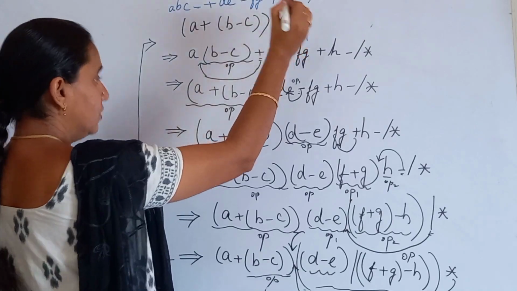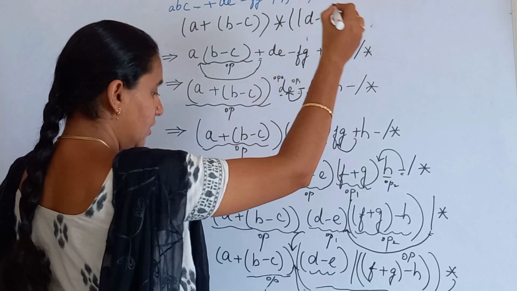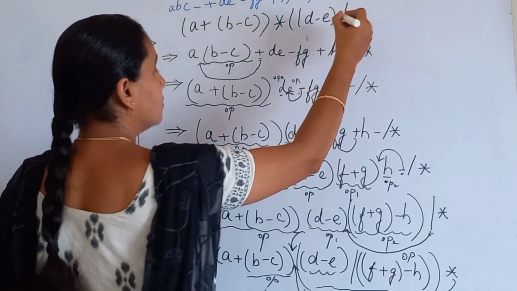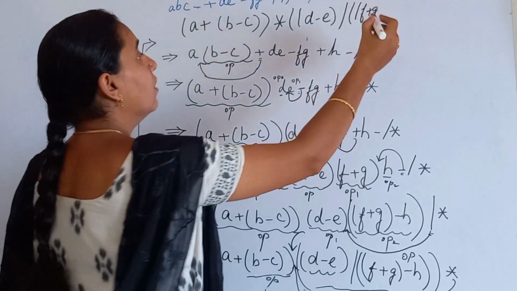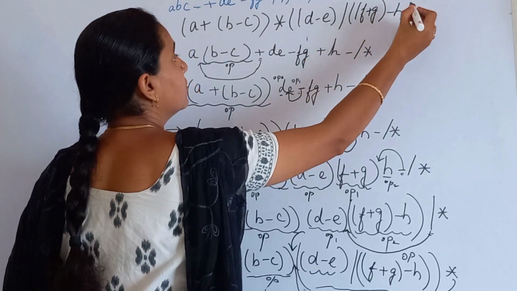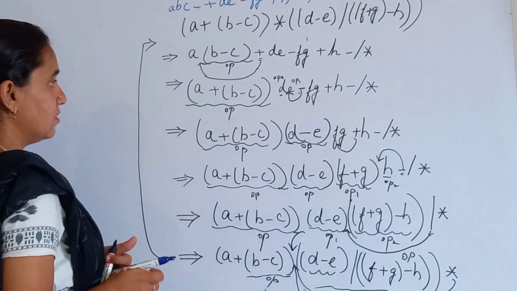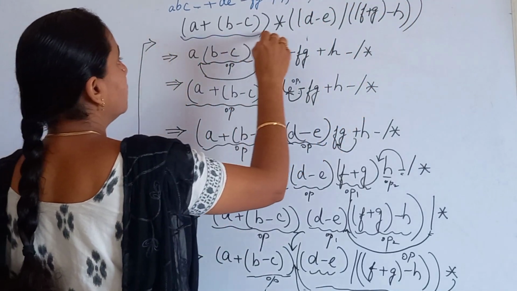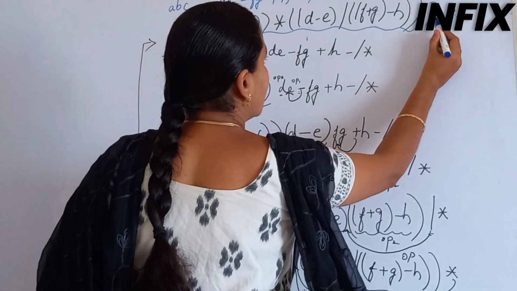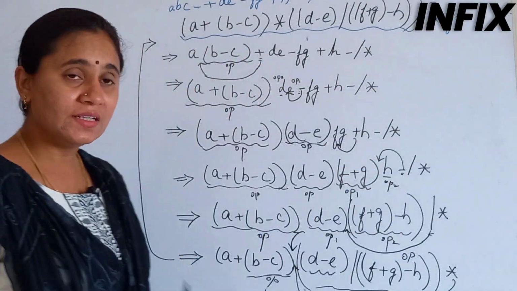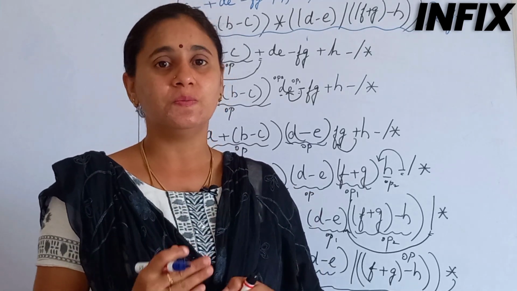So asterisk, D minus E slash F plus G minus H. Okay friends, so this is your respective expression. Friends, are you all clear? This is the way you should solve whatever problem is being asked.